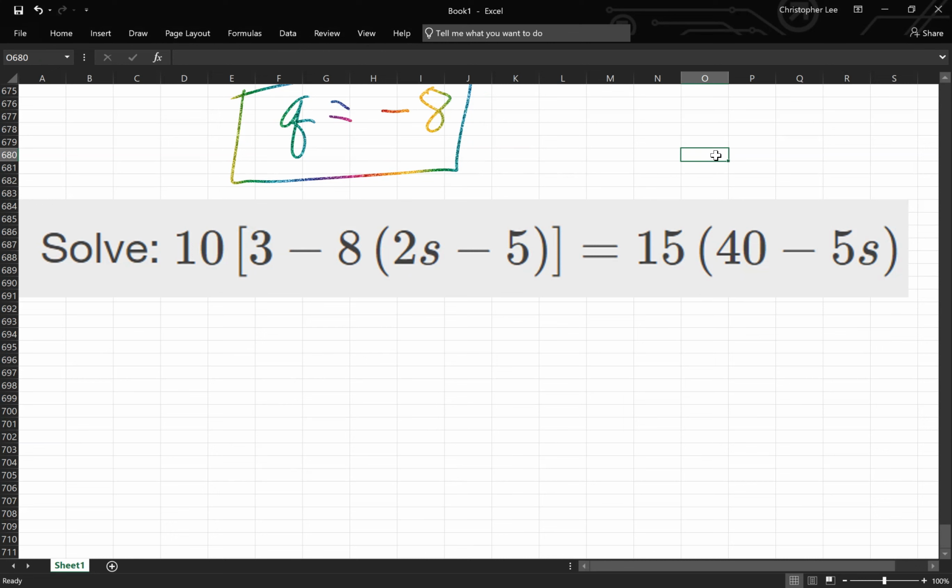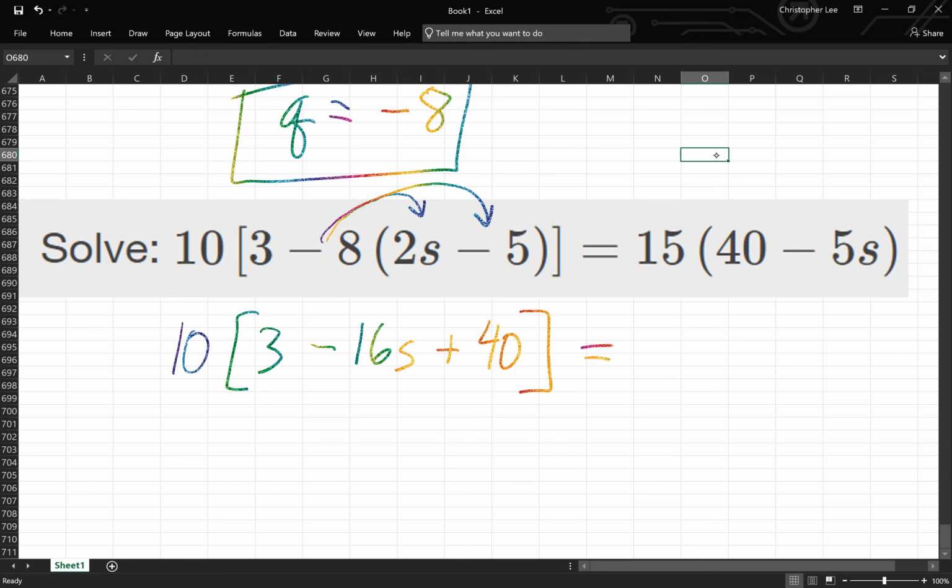First thing I want to do inside the brackets, right? I'm going to distribute that negative 8. So now I have 10 times 3, negative 8 times 2 is minus 16s. Negative 8 times negative 5 is going to be a positive 40.